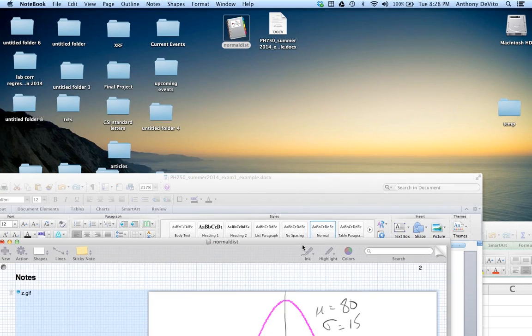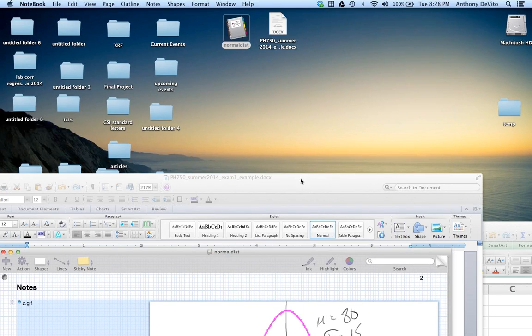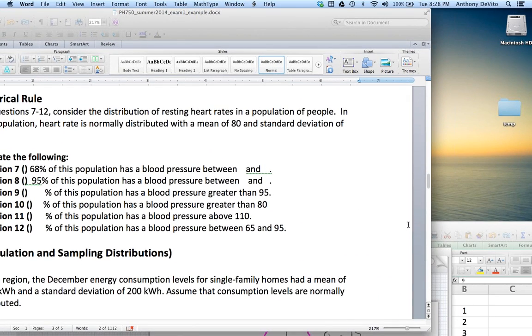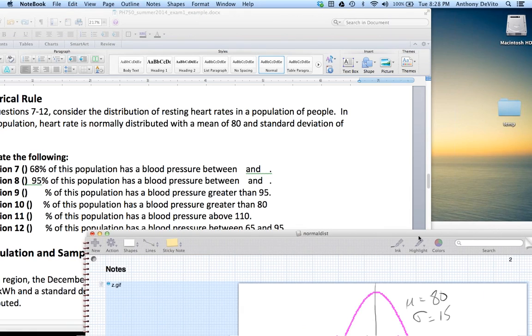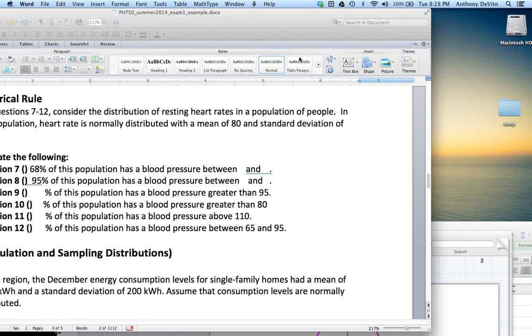Okay, so the first question we got is: 68% of this population has a blood pressure between what and what?